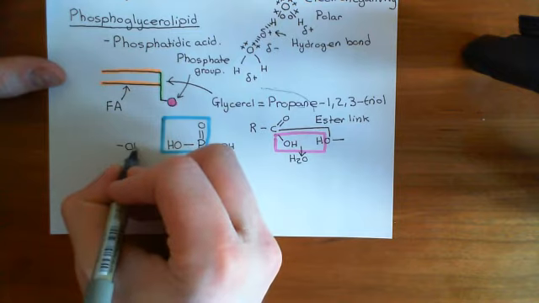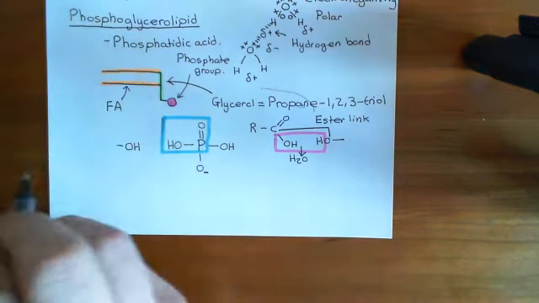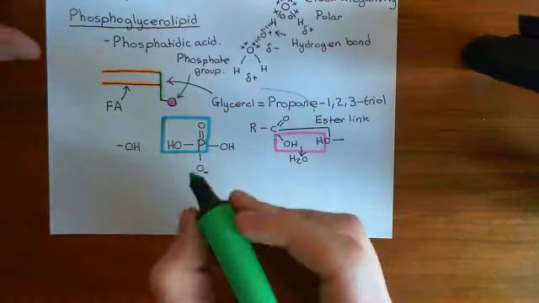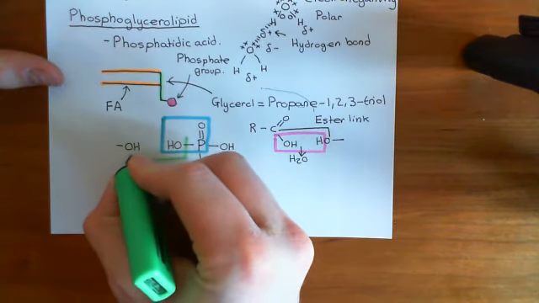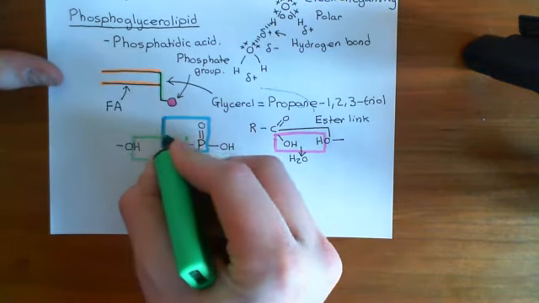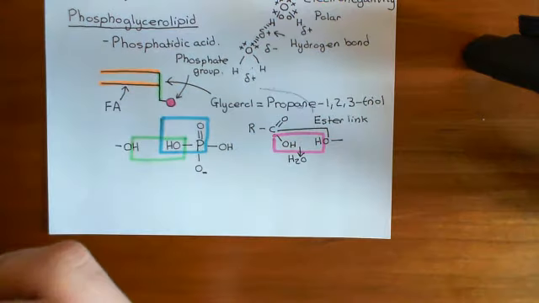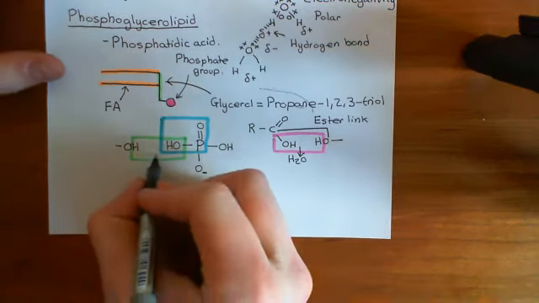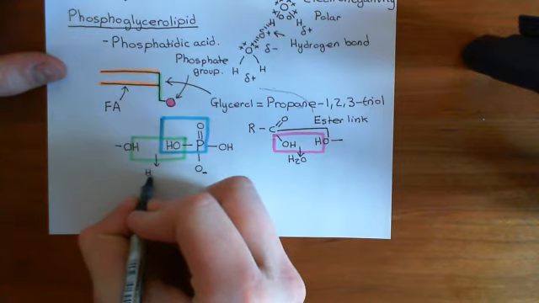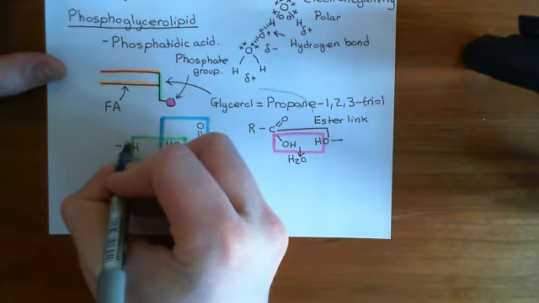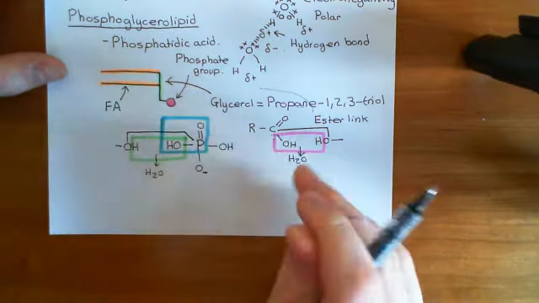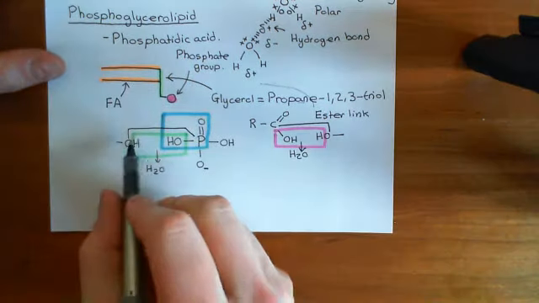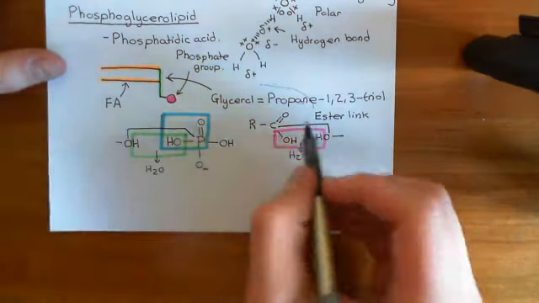So if I bring an alcohol group in here, what can happen is the alcohol group can come off the phosphate group, the hydrogen can come off the alcohol group, and those two can combine together to make water. Okay, and then the oxygen atom of the alcohol group combines with the phosphorus atom of the phosphate group to make something that's very similar to an ester link.